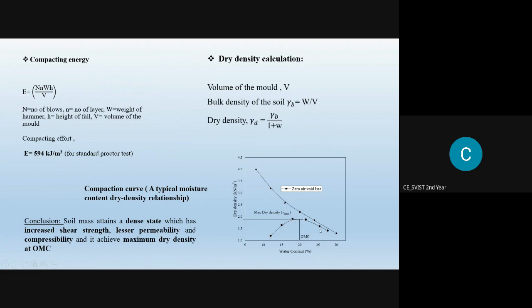And what happens on this side, why is it decreasing? Here the soil has already achieved maximum density, and we are adding more water in that constant volume. The specific weight of water is lesser than that of soil particles.